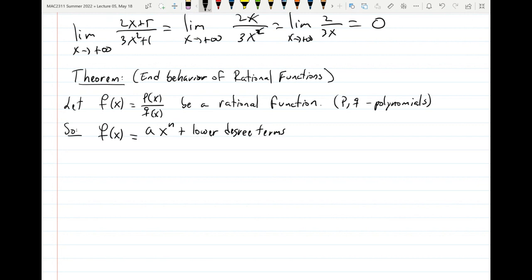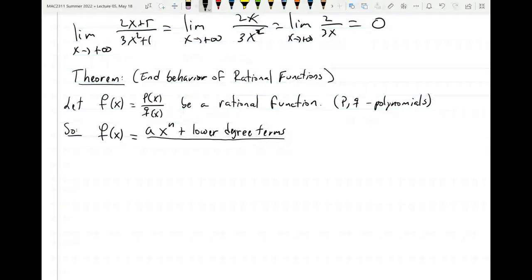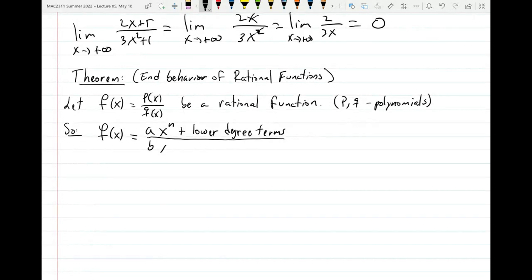Remember how we called it last time? We called this like the garbage or the trash. These terms don't matter at infinity. When we look at the end behavior, what matters is, as you know, the leading term. And then let's say q has degree m. So it will be b times x to the m plus, once again, lower degree terms.